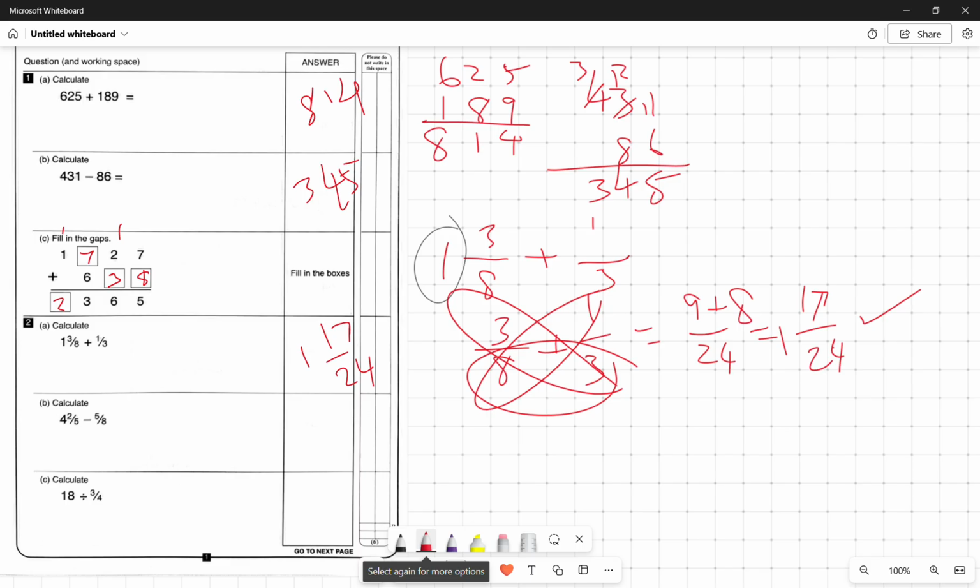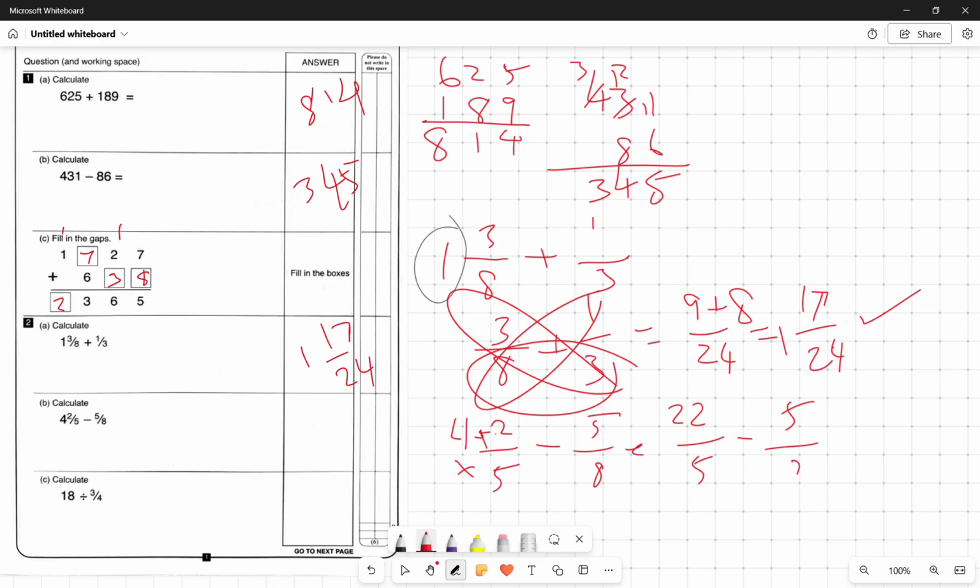So the first step: we write 4 and 2 over 5 minus 5 over 8. 4 times 5 is 20, and you add this 2, so it's 22. So I write 22 over 5 minus 5 over 8.